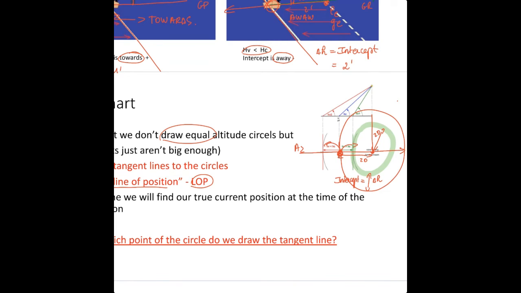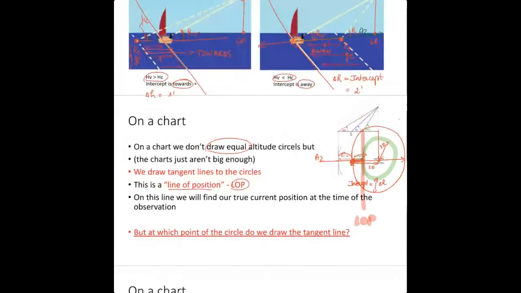And then we indicate the value of the intercept on our, but I'll take another color, it's a little confusing. If we indicate the intercept on our azimuth line, then there we can determine where our line of position will be. Okay, voilà.